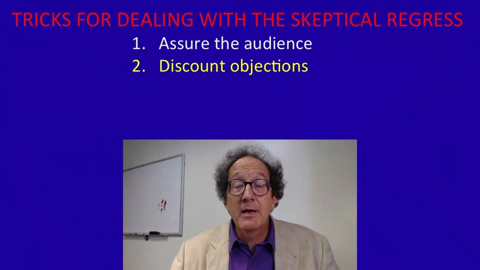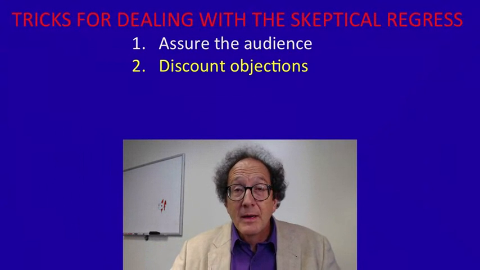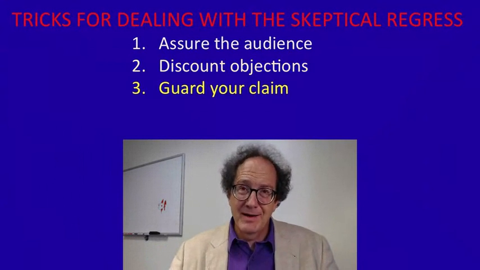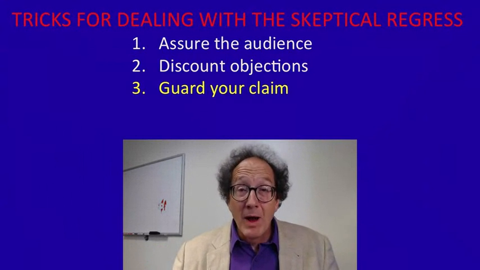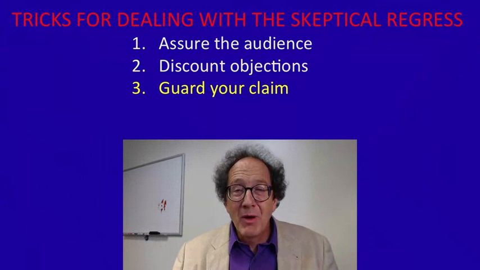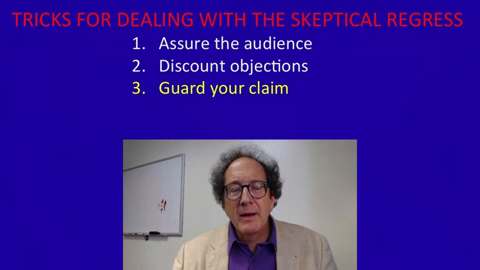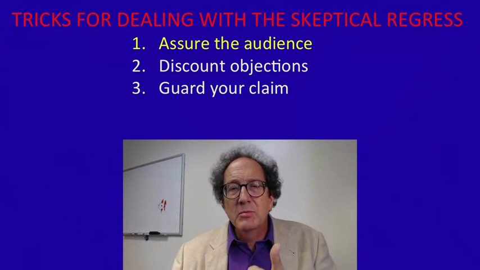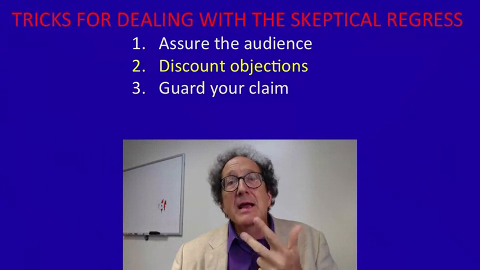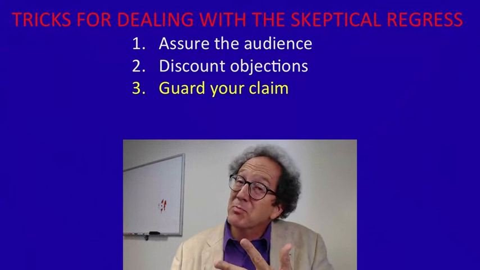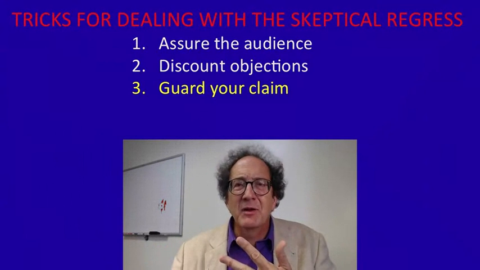And I might even discount it in advance. Or I might just guard my claim. I might say, well, they might be right in this case, or they're probably right, without claiming that they definitely are right. So I can assure you, by citing some kind of authority, I can discount objections, and I can guard my premises by saying, well, it's probably right, instead of saying it's definitely right.